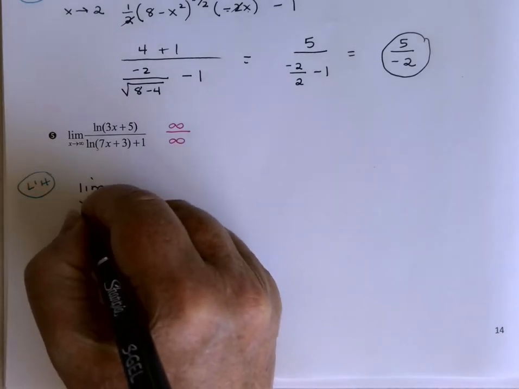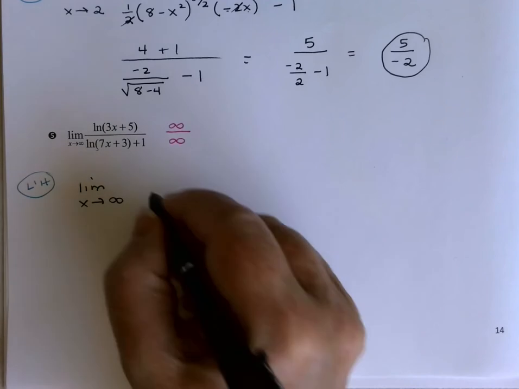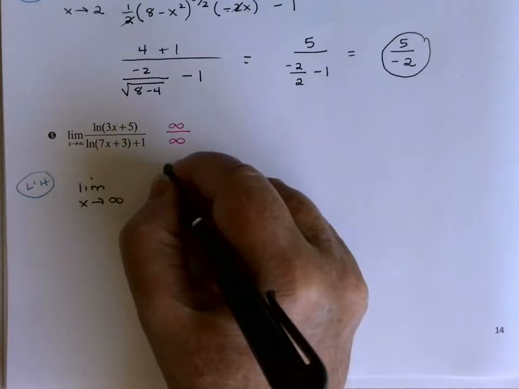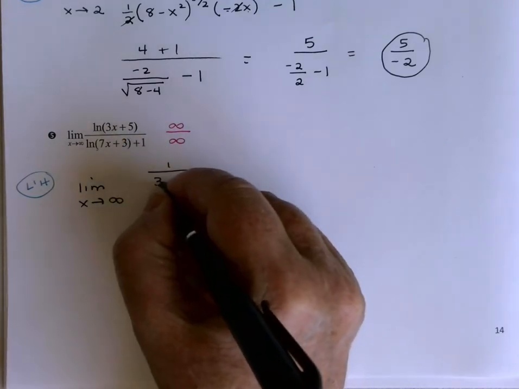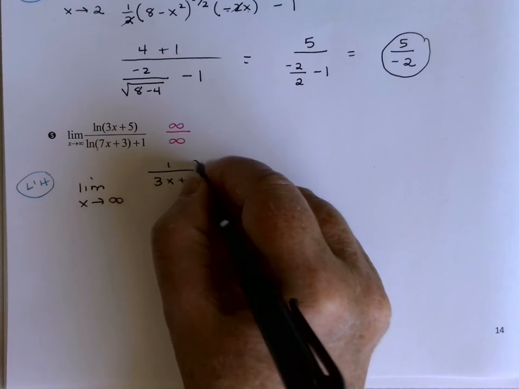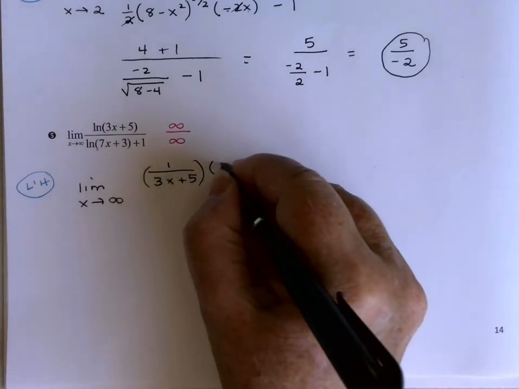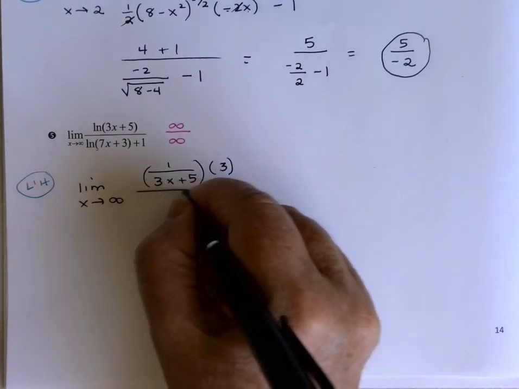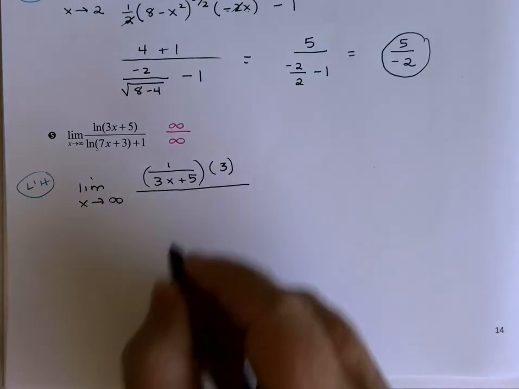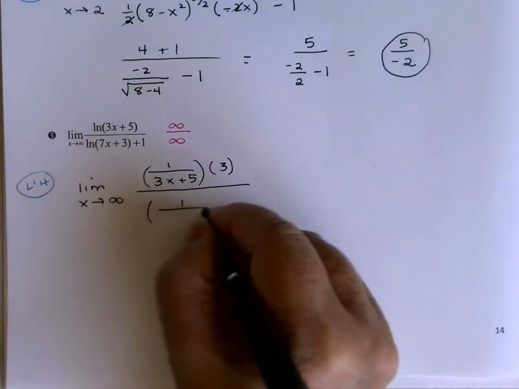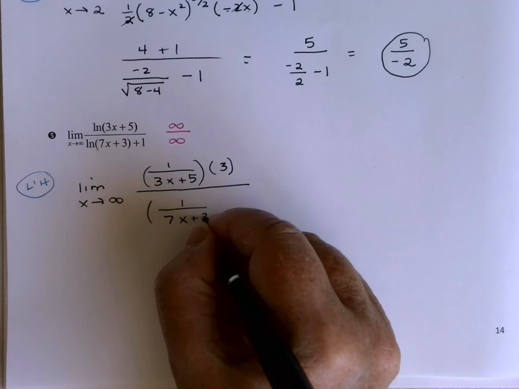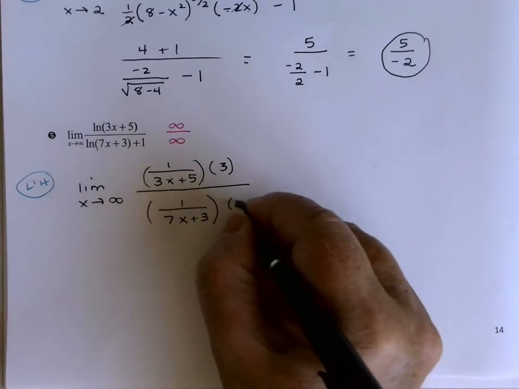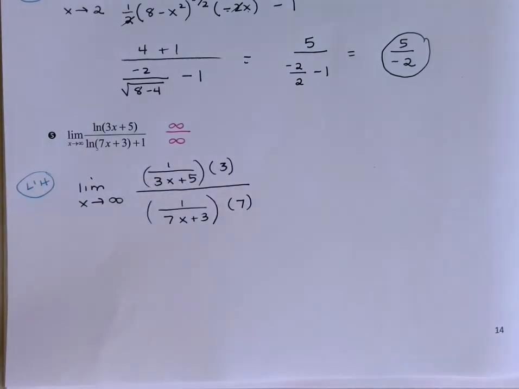I take the derivatives, top and bottom. And let's see, on the top I'd get 1 over 3x plus 5 times 3 for the chain rule. And the bottom, 1 over 7x plus 3 times 7 for the chain rule.